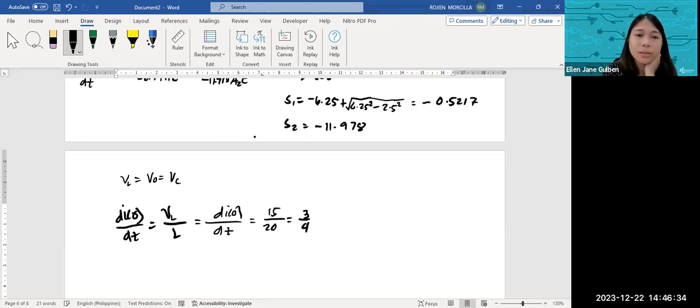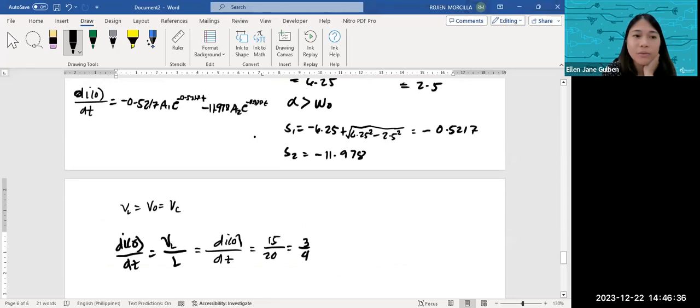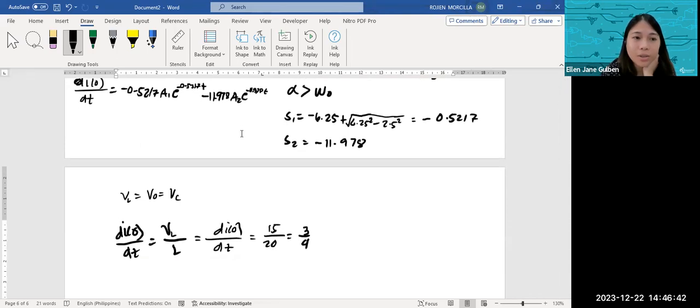Okay, so we can substitute it in our equation. dI0 over dt is equal to 3/4. That is equal to negative 0.5217 A1.